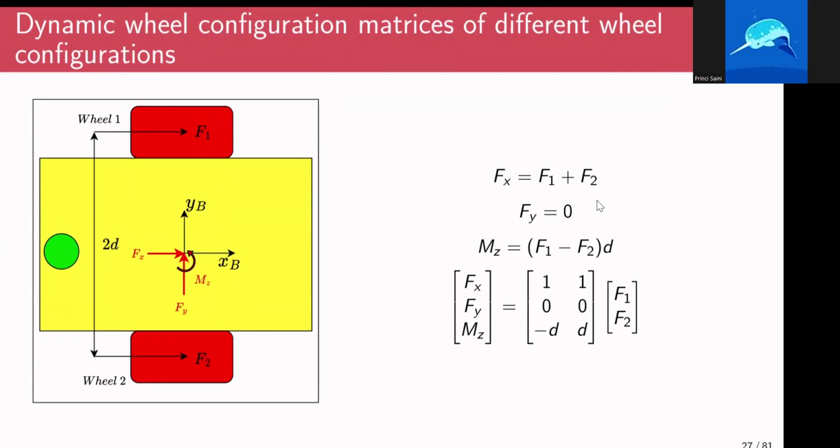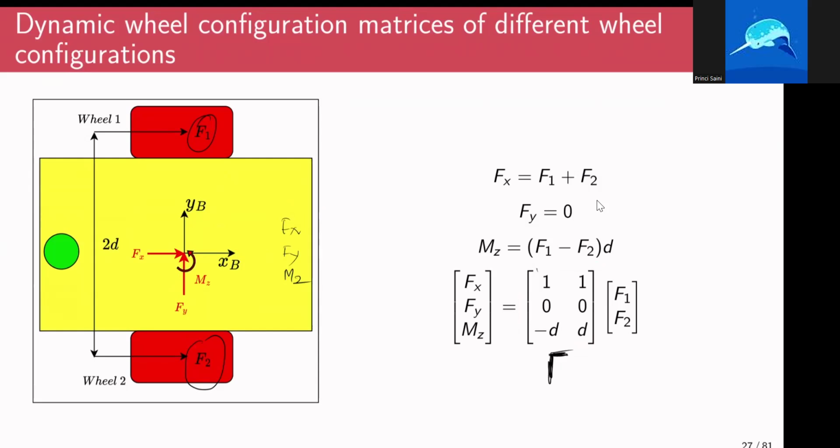If F1 and F2 are the forces acting on the wheels, and if Fx, Fy, and Mz are the forces acting on the xb, yb, and zb directions, you need to map the forces from the body fixed frame of reference into the wheels. You can do so by this following wheel configuration matrix. We call it capital gamma, right?